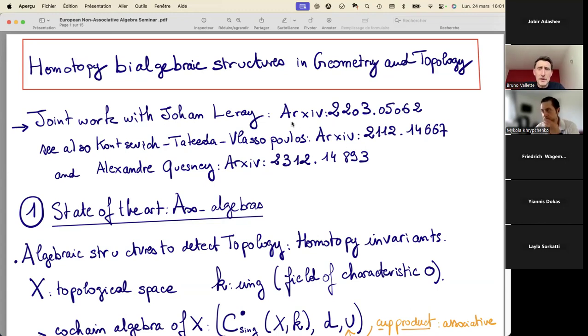I will mainly cover the content of this paper with Johan Leray, and it is related to many other papers, one by Kontsevich, Takeda, and Vlassopoulos. You have the reference here. Can you see the pointer? Yes. Good. And you have this other nice paper of Alexandre Quesney. Okay. And I will mention a few others.